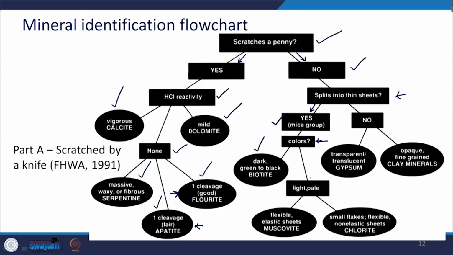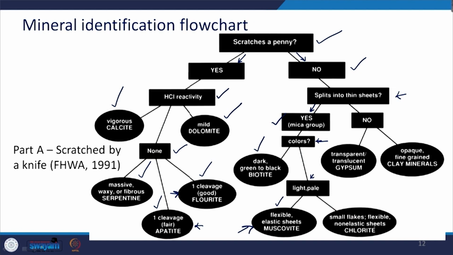If it is light or pale color, then we need to go ahead and check whether the sheets into which this material can be split are flexible and elastic, then it is muscovite.